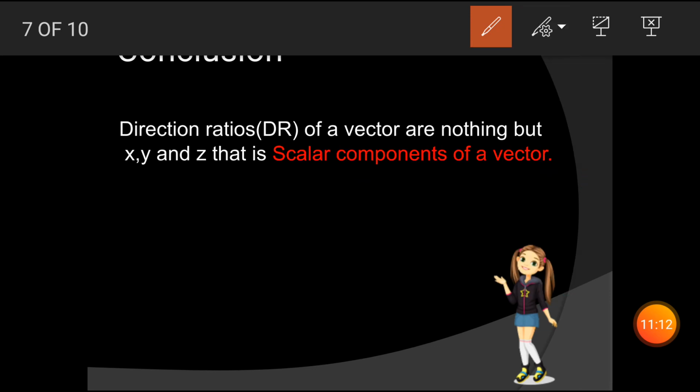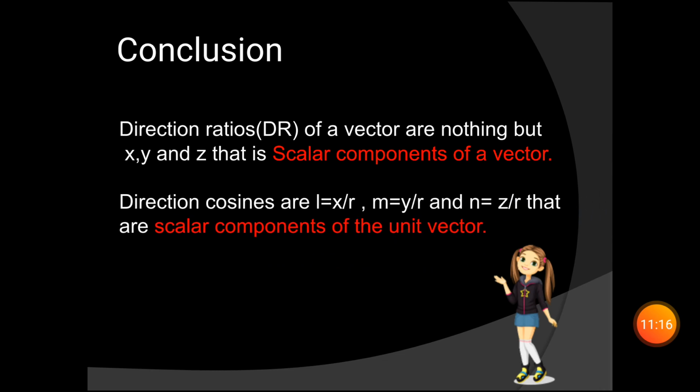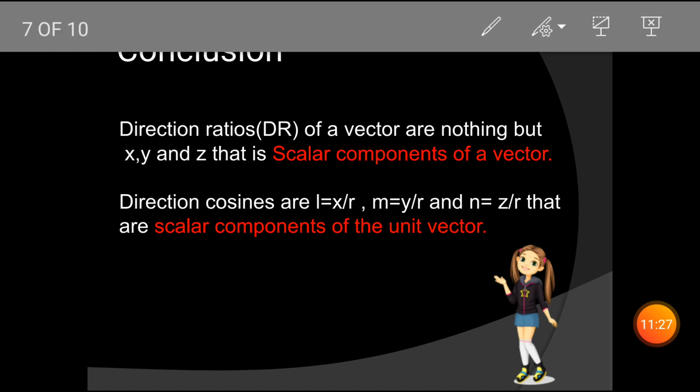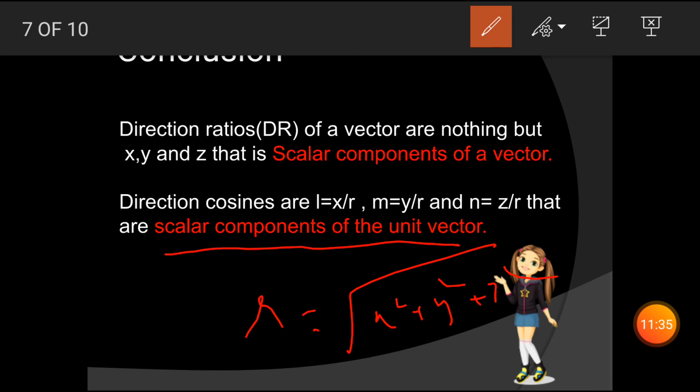And now what about the direction cosines? Direction cosines are l equals x upon r, m equals y upon r, and n equals z upon r, where r, you know very well, is under root x square plus y square plus z square. So these are nothing but the scalar components of the unit vector of that vector.